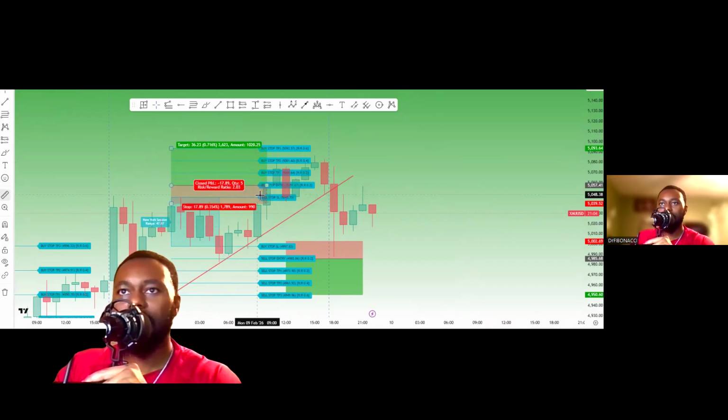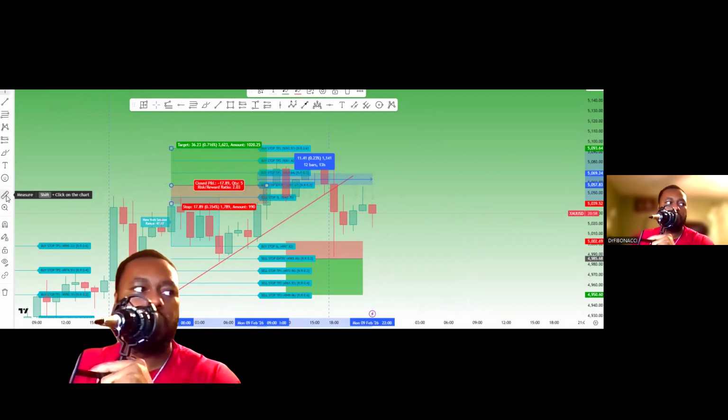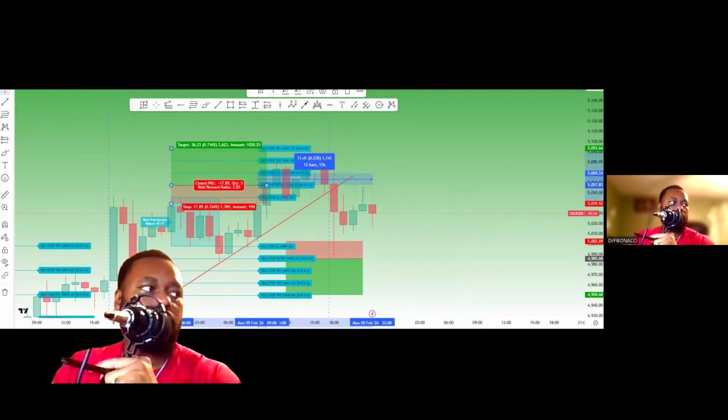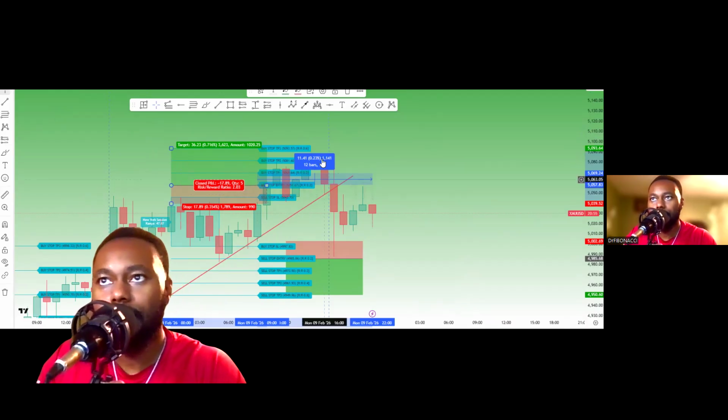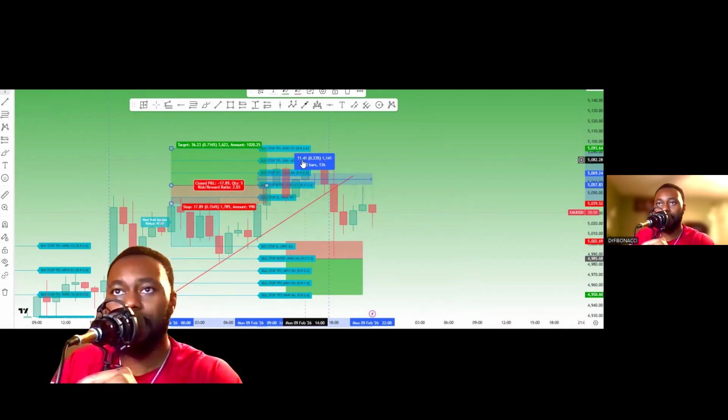Even if we just went for take profit 1, if we use the ruler tool, you have to move the decimal over once. We're looking at 114 pips.